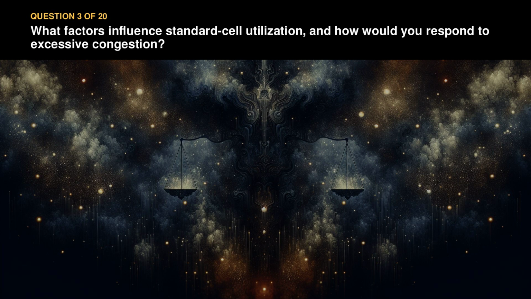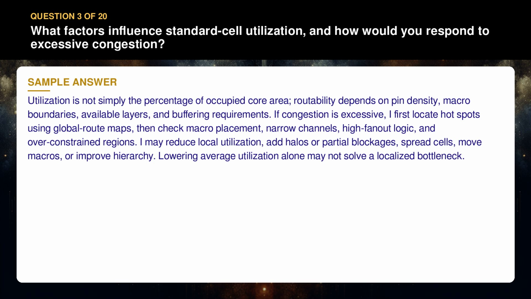Question 3. What factors influence standard cell utilization, and how would you respond to excessive congestion? Utilization is not simply the percentage of occupied core area. Routability depends on pin density, macro boundaries, available layers, and buffering requirements.